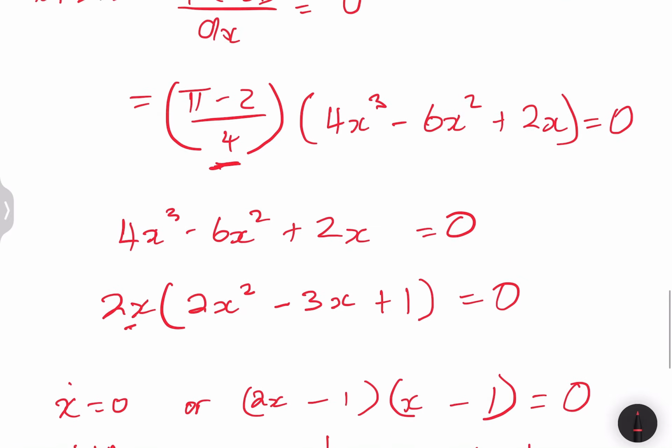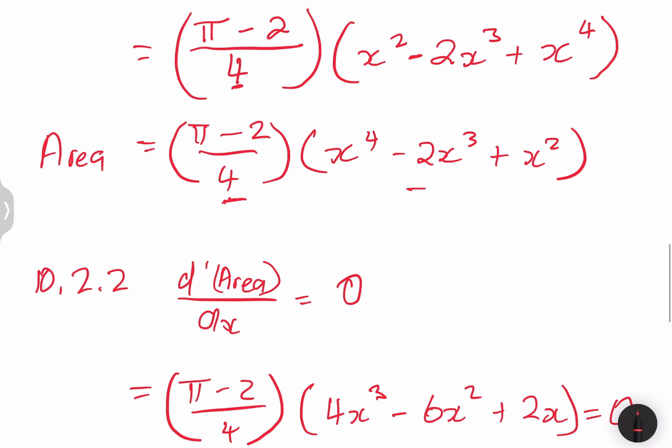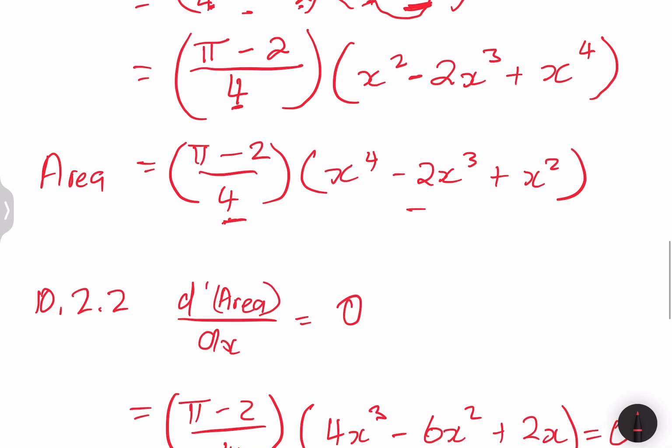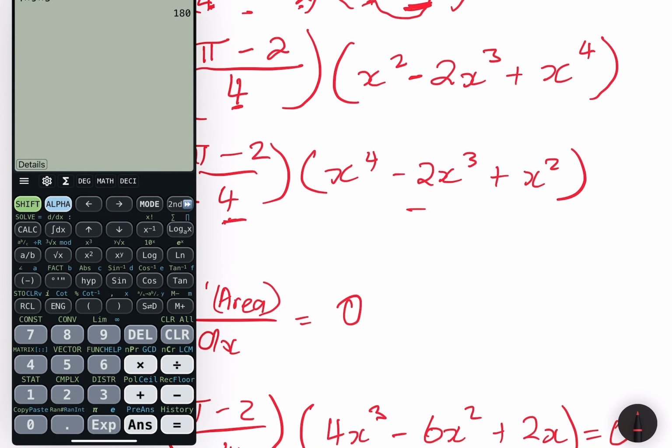If we substitute a half into that equation, let's get our calculator.